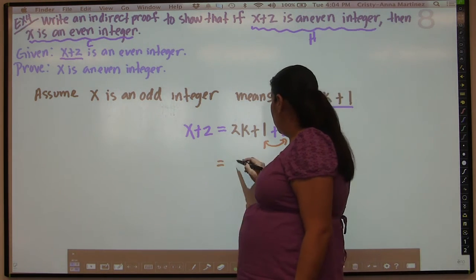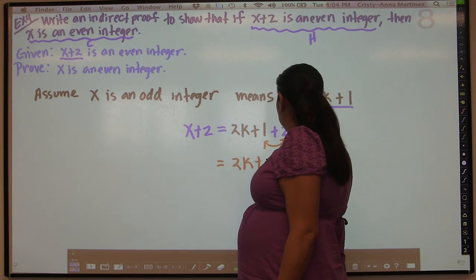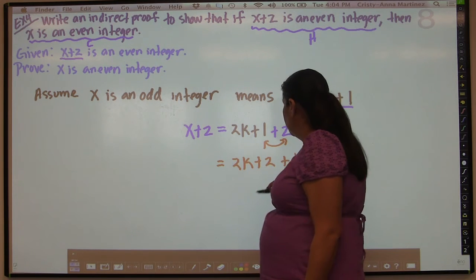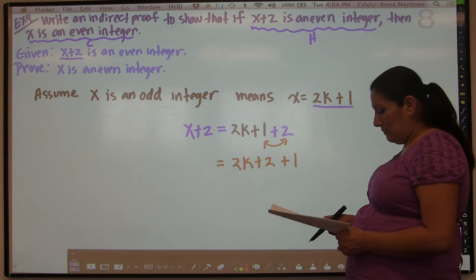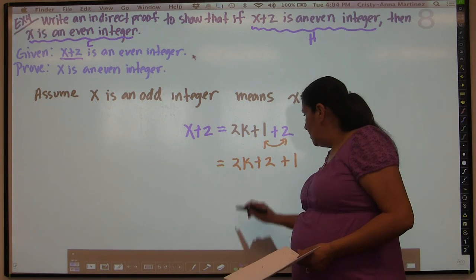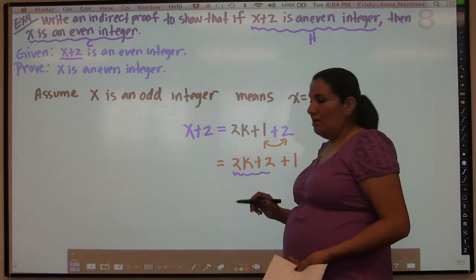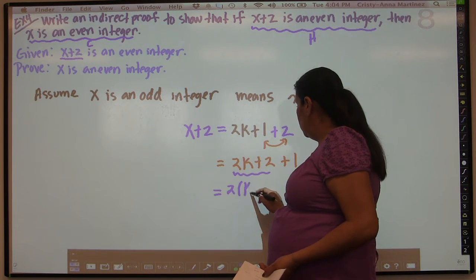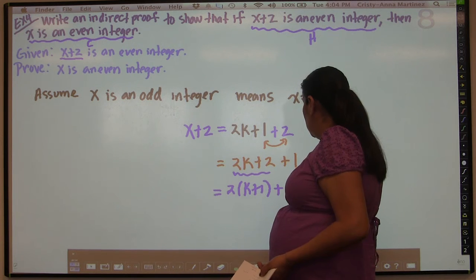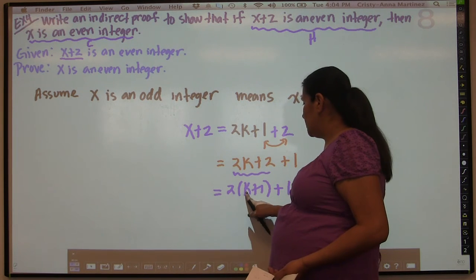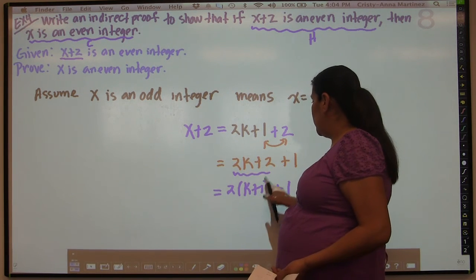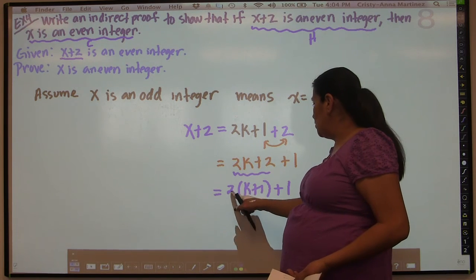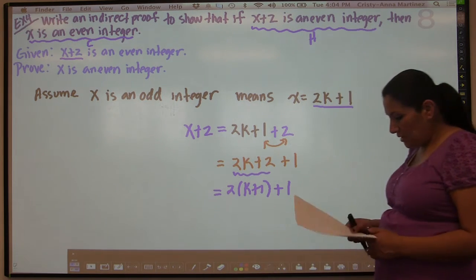So that means that I can write 2k plus 2 plus 1. And if I do that, I can take this expression here and factor out the 2, because they both have a 2. So 2 times k is 2k, 2 times 1 is 2. Same thing, so now I have 2 times k plus 1, plus 1.